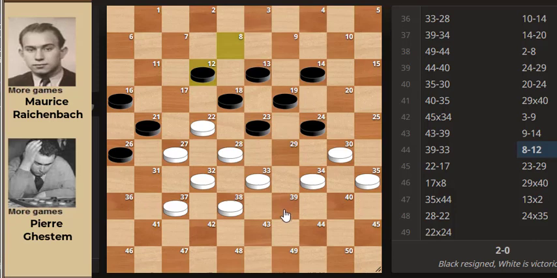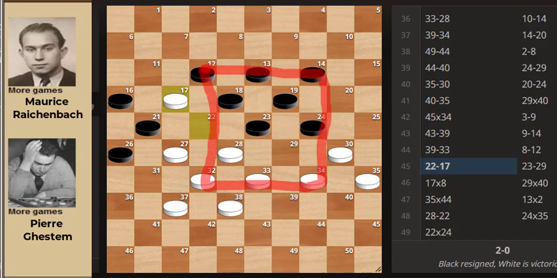So 8 to 12 was also met by playing 22-17. So we play 22-17, we draw the square. So we know that the vertex of the square at 12 is surrounded by 7, 8, 18, and 17.